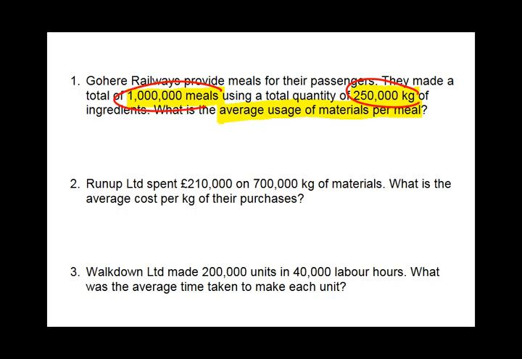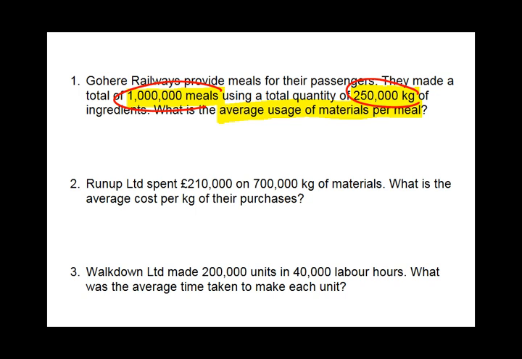So we're getting far more meals than the number of kilograms used. So logically, each meal is using less than 1 kilogram, because if they were using 1 kilogram each, then we'd need 1 million kilograms, wouldn't we? So each meal must be using less than 1 kilogram.